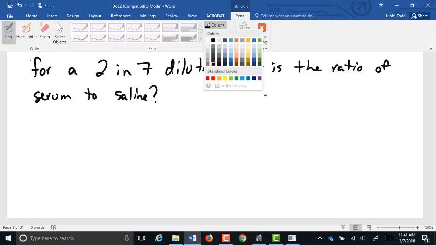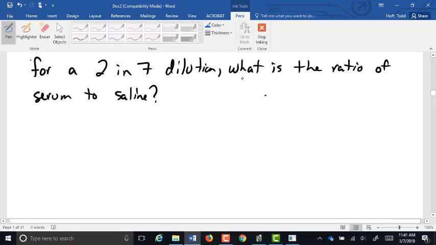Serum to NS. I'm going to give you guys just a few seconds to think about that and see what you come up with. See if you can jot down an answer.